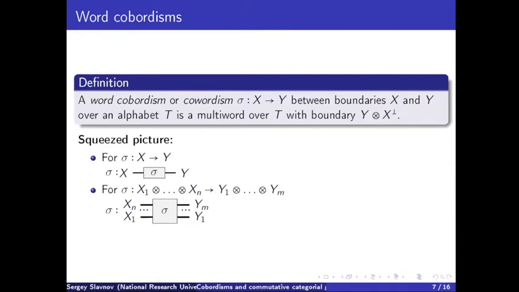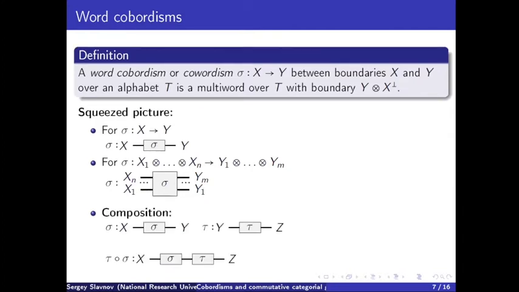And so this guy composed, so I give a schematic picture, but I think it's clear. They're composed by gluing along the outgoing boundary to the incoming boundary. So it's a multiple gluing, as has been discussed.